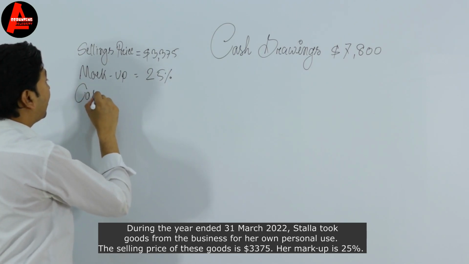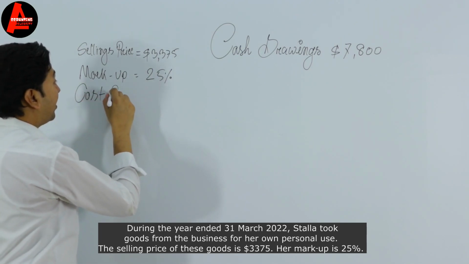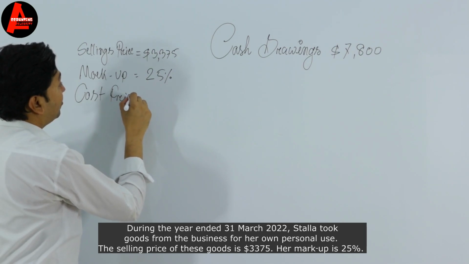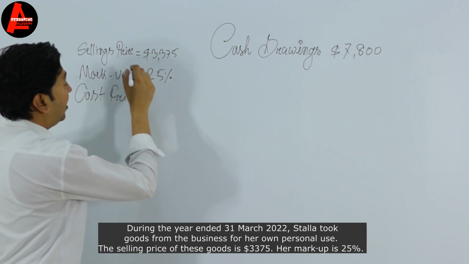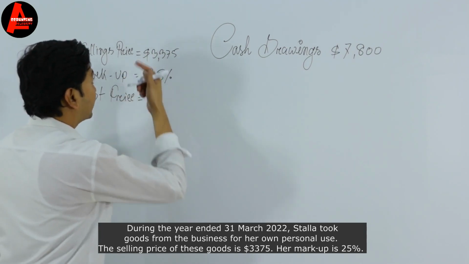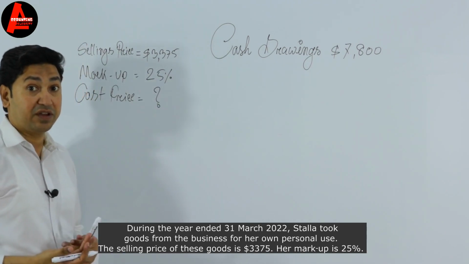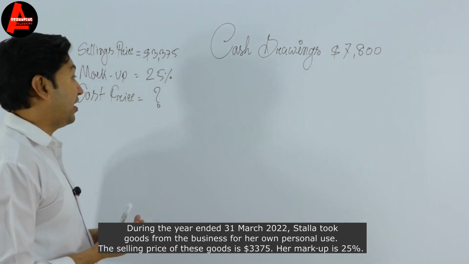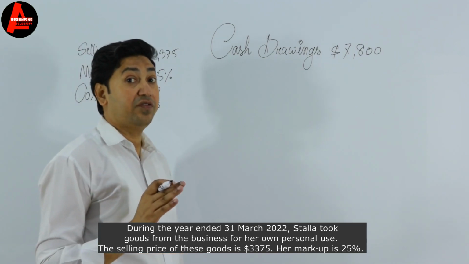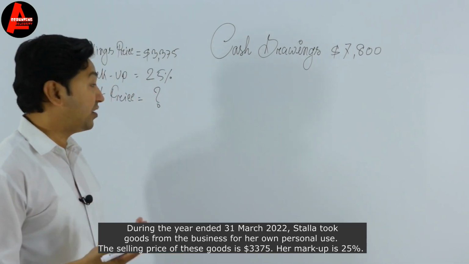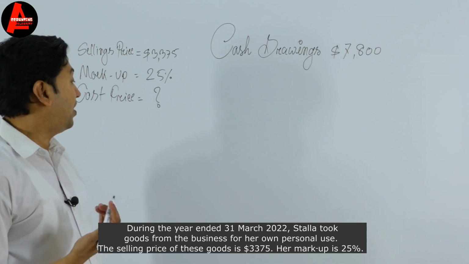Now we need to calculate the cost price of these goods drawings, 3,375. How do we calculate it? We have a formula. If you apply this formula, you will be able to answer.